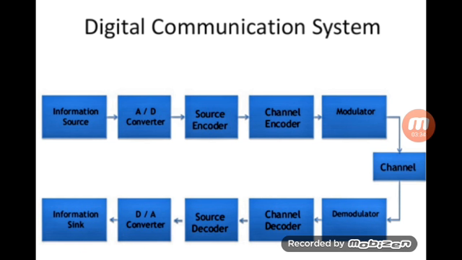The upper part indicates the transmission section, and the lower part indicates the receiving section. So the overall concept of digital communication is that it acts as a data conversion system.